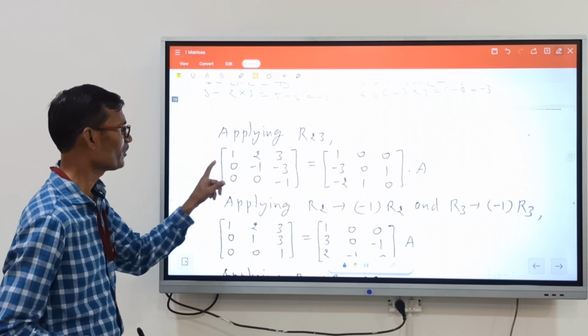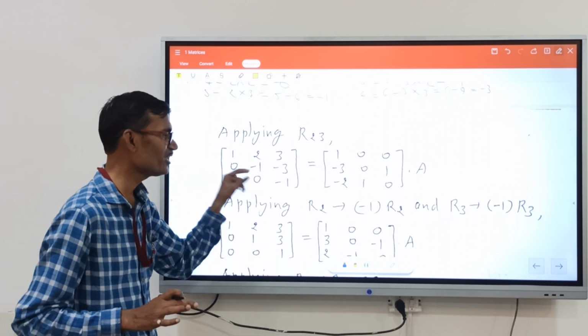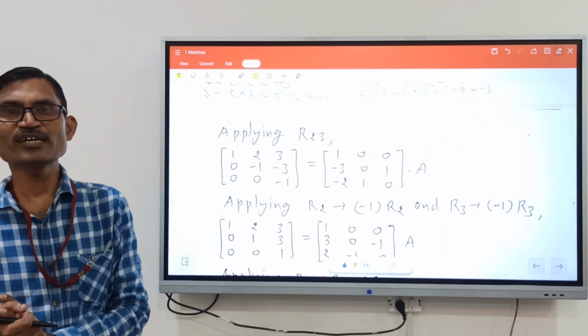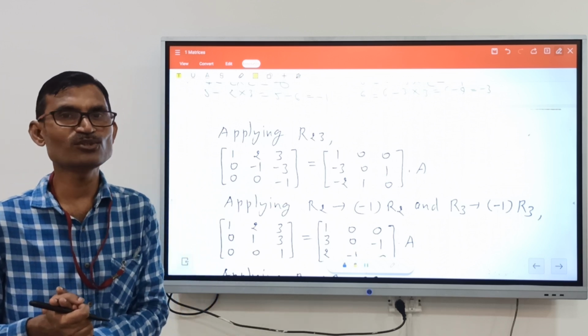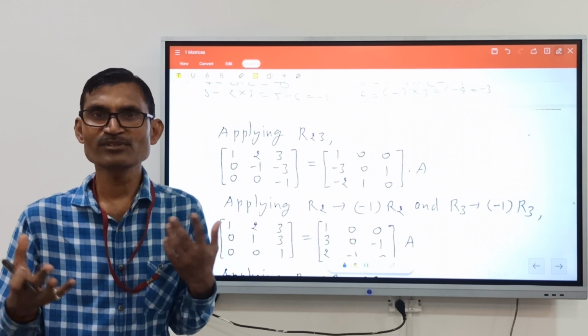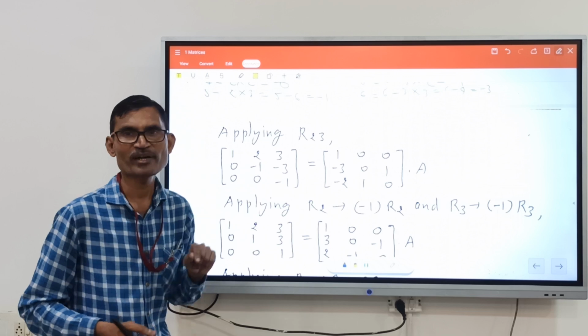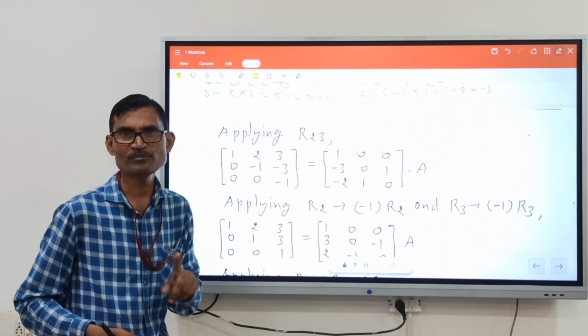Now, still it is not 1. It is only minus 1. So how are we going to make minus 1 into 1? By simply multiplying the respective row. If we multiply the second row by minus 1, it will automatically become 1.